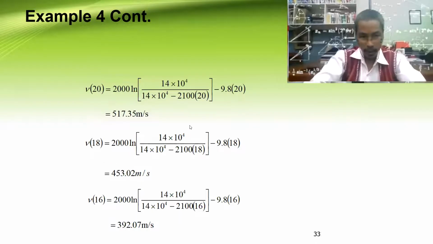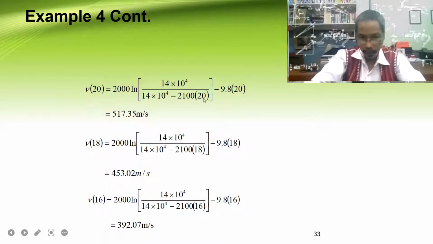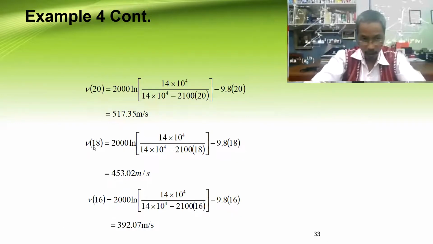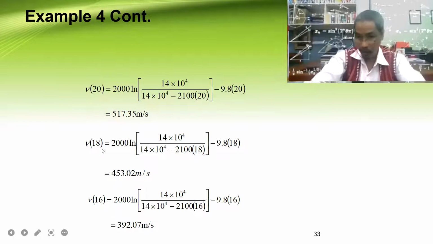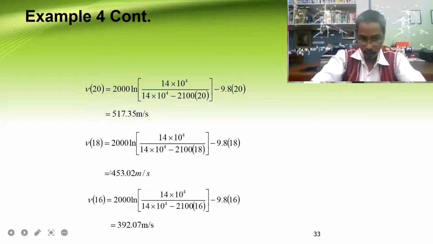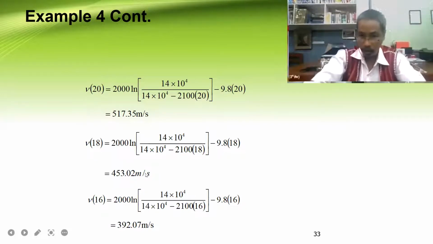So what is our velocity at 20? Use the same equation, just replace the variable t by 20 and we can find out the answer. We already know the velocity at 18 because this is the same example. We have the same answer, for velocity at 18, which is equal to 453.02. And also, we already know the velocity at 16.